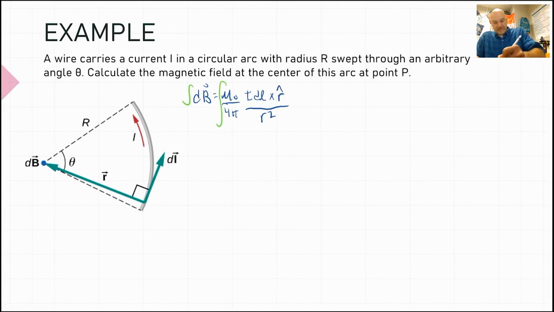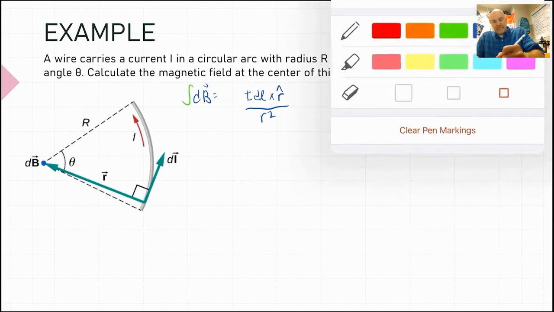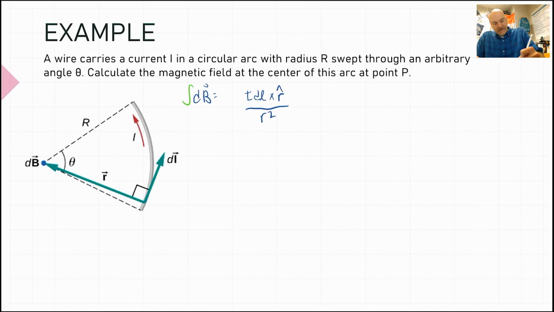In fact, we'll change the integral spot because mu 0 over 4 pi is a constant. So we can actually put the integral here, so we don't have to worry about pulling it out later. One thing that you can also pull out is the current. That will be constant, so I can take that and put it out front here. But again, remember, this cross r hat is just simply going to be 1, okay?